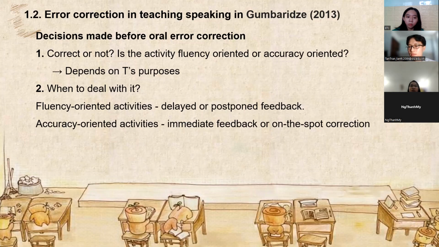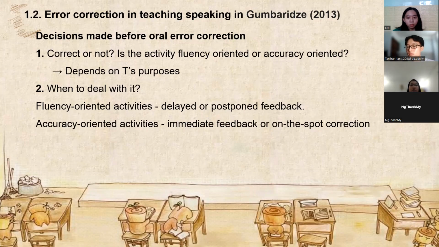But if we focus on accuracy, like the day we teach them how to use some structures, for example asking for directions, we need to give them feedback. So the next question is when to deal with it. If we focus on fluency oriented activities, does it mean we do not need to correct the mistakes? Oh no, we still do.